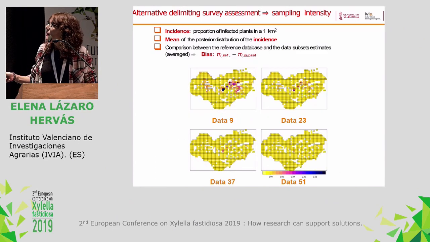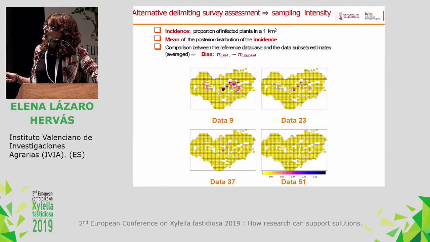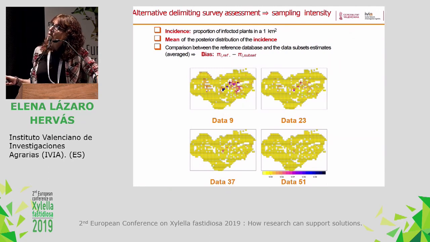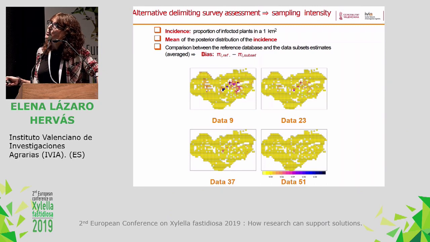Here, just to show only results in relation to the comparison with the reference database and the data subsets estimates in relation to the mean of the posterior distribution of the incidence. We have computed bias as the subtraction between the incidence of the reference database and the average incidence of the subsets.